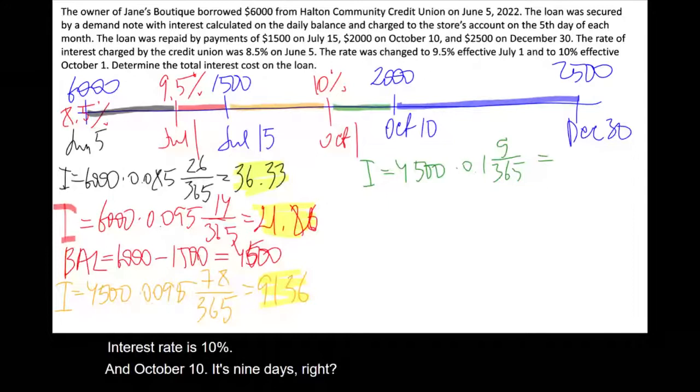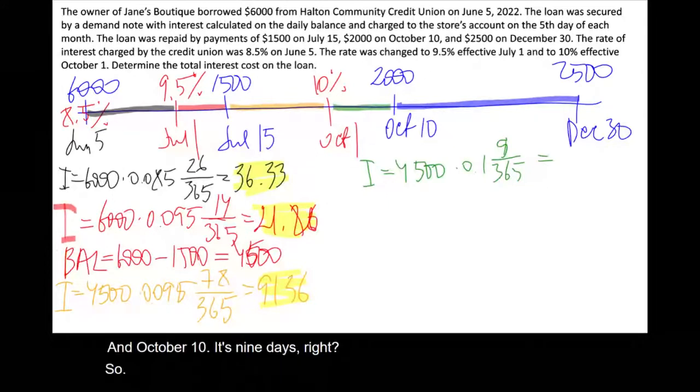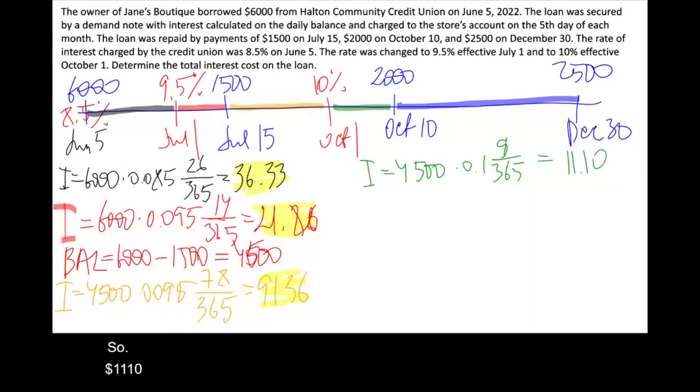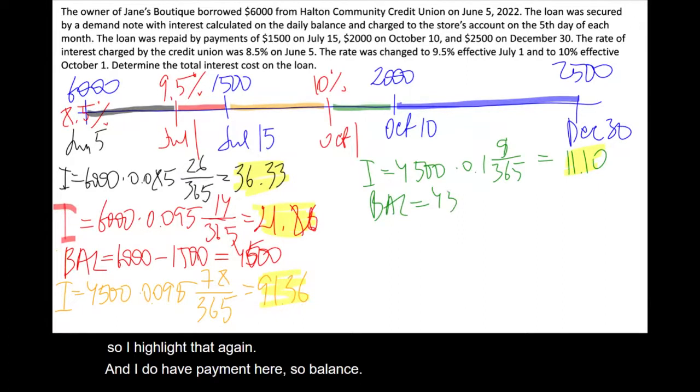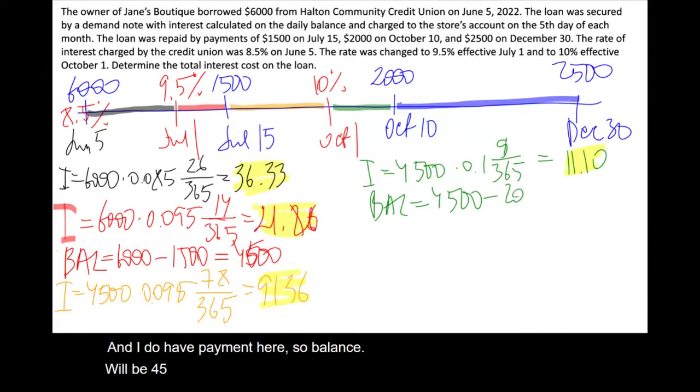So $11.10. I highlight that again, and I do have a payment here. So the balance will be 4,500 minus 2,000, which is 2,500.